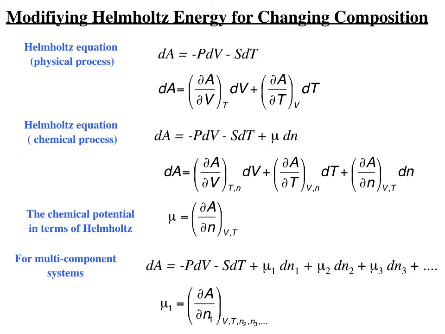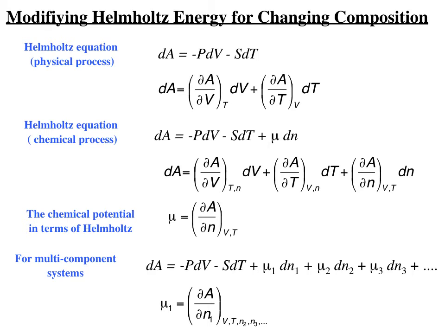Now again, of course, this is for physical change of some material, how its Helmholtz energy is changing. Now I want to introduce chemical change. So I will simply modify the previous two terms by adding a fudge factor mu times change in composition. Then by looking at it from the perspective of an exact differential, I can identify exactly the mathematical form of mu.